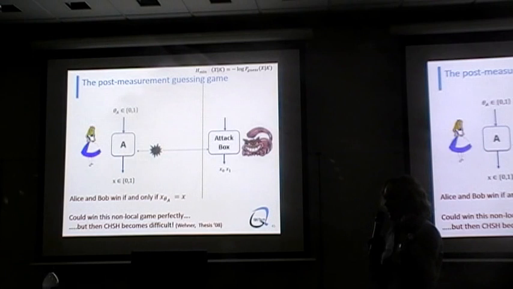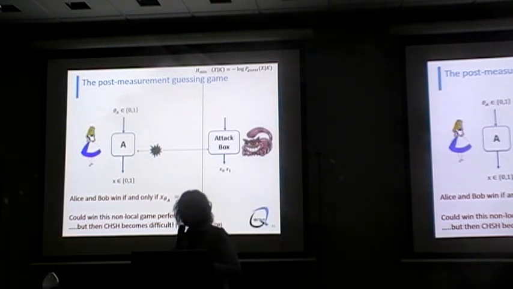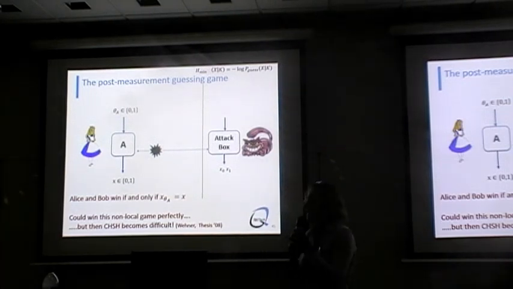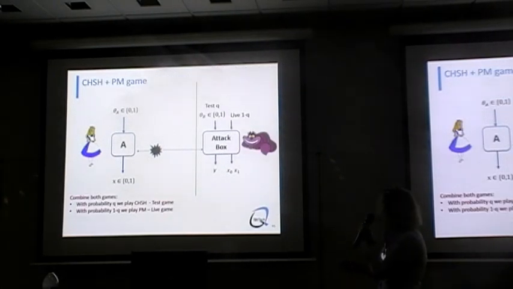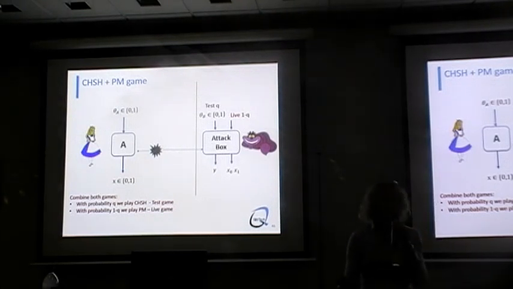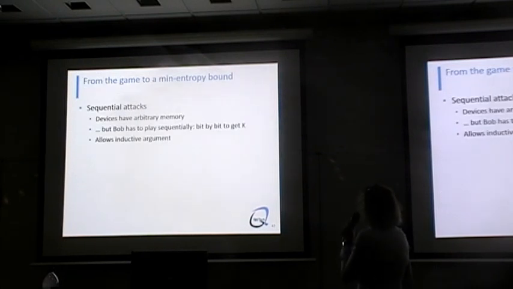Like I said, the idea of using Bell tests to verify anything is to show that a Bell violation is incompatible with some other behavior. And because of this, we can combine these games and think of this as a new game involving just 2 parties, where with some probability we play CHSH, and with some probability we play this post-measurement guessing game. One can then see that there's a nice trade-off.